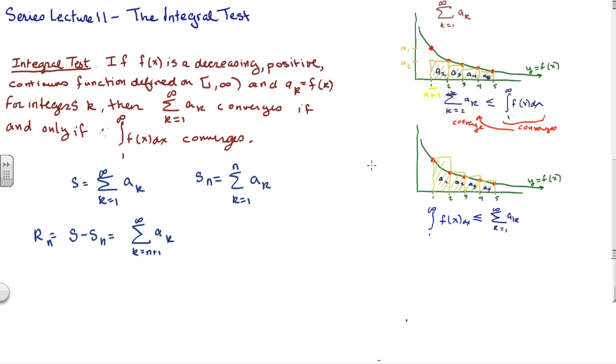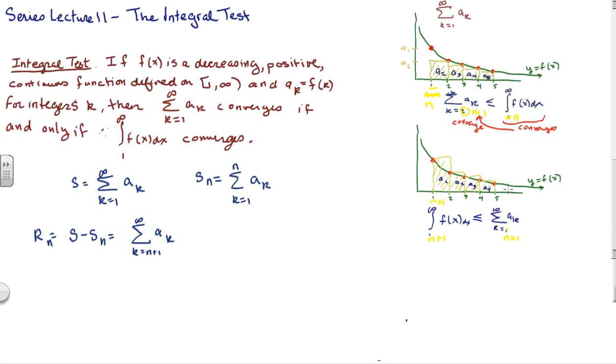If I had started at n, I would have gotten the sum k equals n plus 1 to infinity less than or equal to the integral from n to infinity. And if I had started at n plus 1, I would have gotten the sum k equals n plus 1 to infinity greater than or equal to the integral from n plus 1.